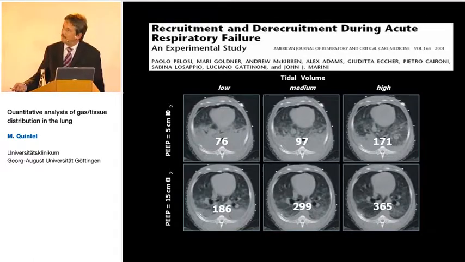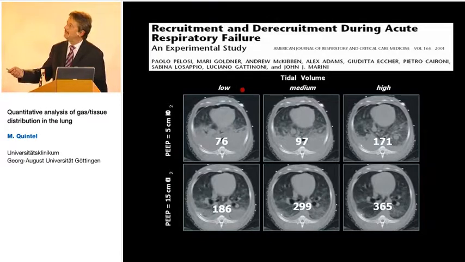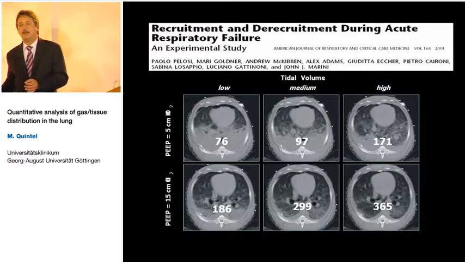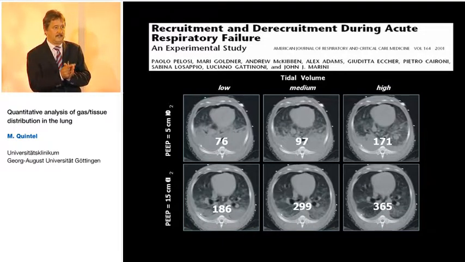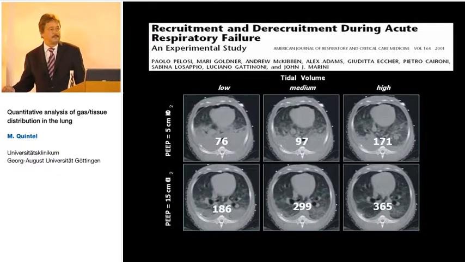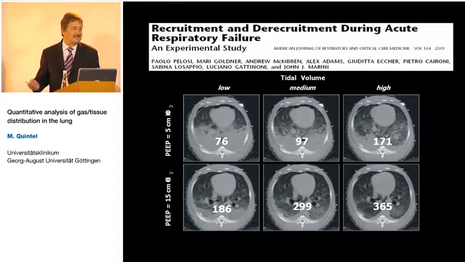You see PEEP level of 5 or 15, and the only difference between these two lines is low tidal volume, medium tidal volume, and high tidal volume. And once again, be very careful about the PaO2 that is resulting. Maybe we put a lot of stress and strain on these lungs, but nevertheless, there is a high PaO2 resulting.